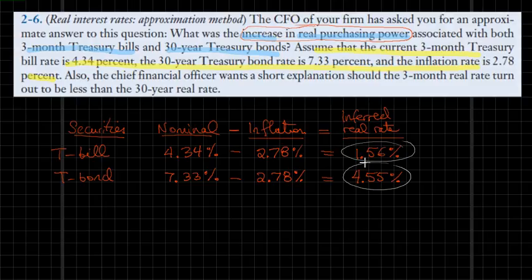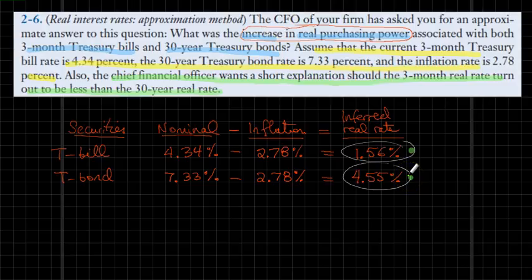However, as our Chief Financial Officer points out, we need to make an explanation. Why are these different? To be more exact, why is the real purchasing power associated with the treasury bill less than that of the treasury bond?